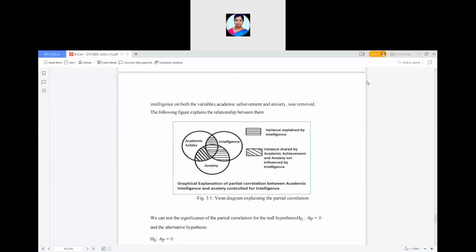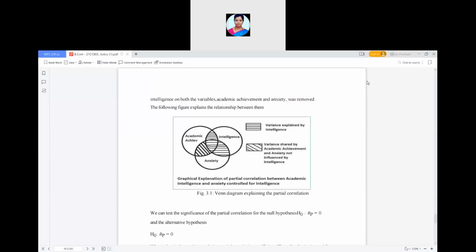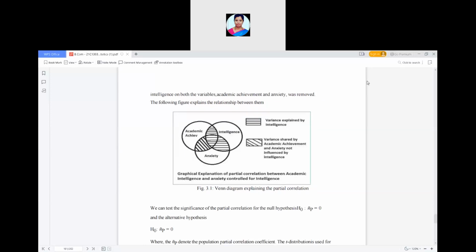For the test of significance of the partial correlation, the null hypothesis H naught is that the population partial correlation rho p equals 0. The alternative hypothesis H1 is that rho p is not equal to 0.